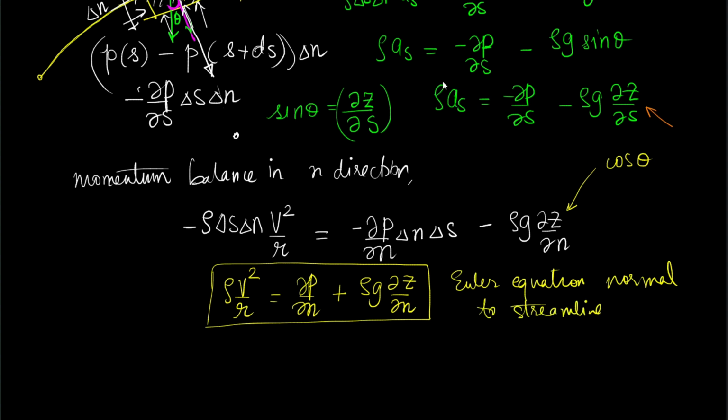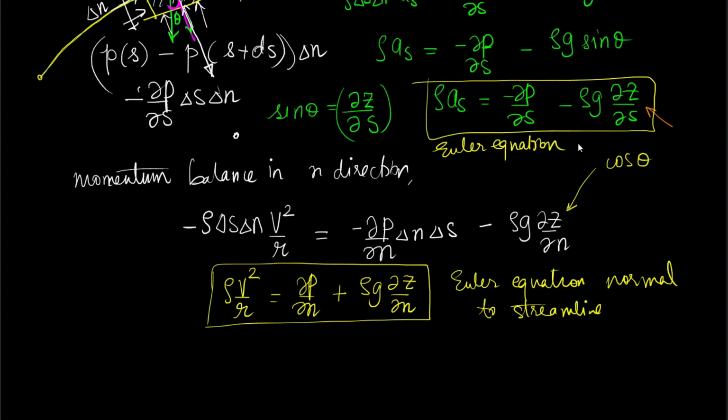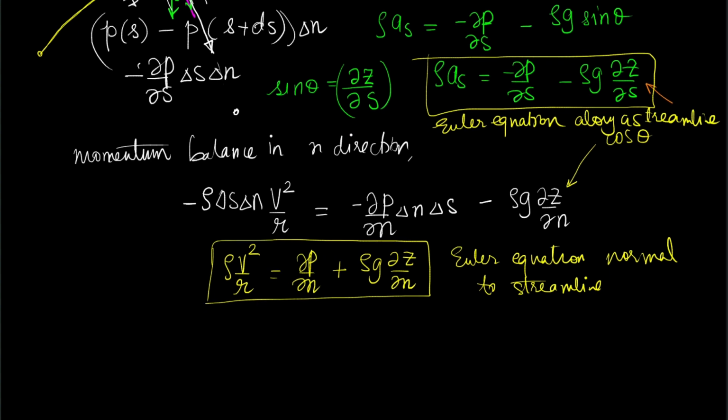This is the Euler equation along the streamline. With the help of these equations, we can solve various problems of vorticity. You just need to find out all the various terms.